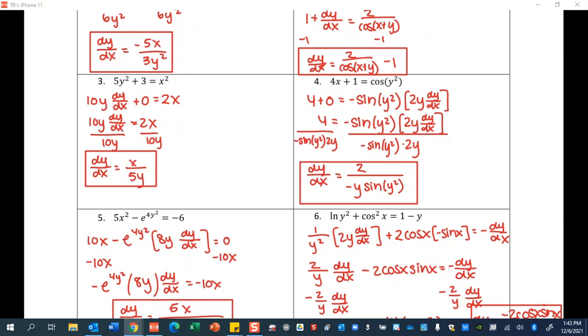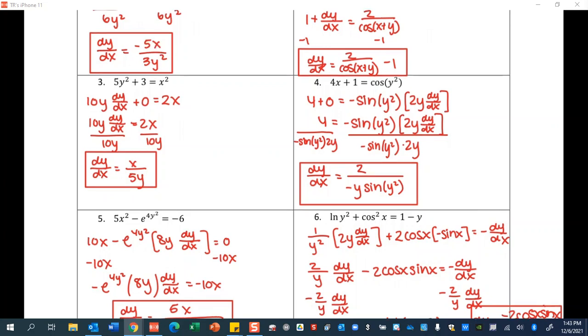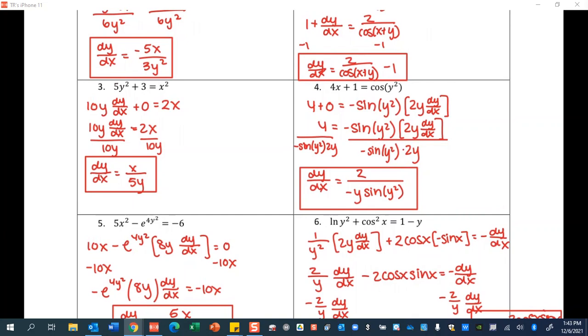You can solve for y and then continue, having y isolated. You can say that y is equal to the square root of, what would that be? x squared minus 3, divided by 5. If you wanted to, subtract 3, divide by 5, take the square root, you could do that. The square root is a big one.